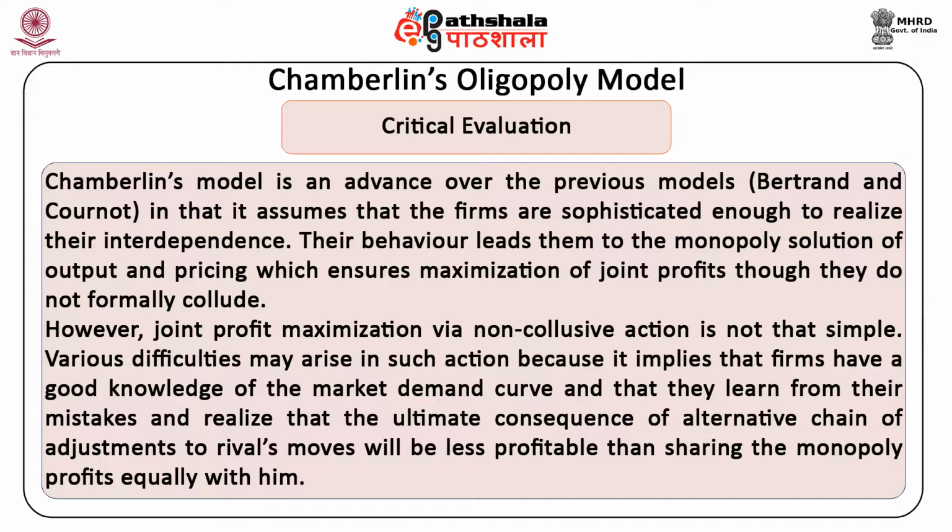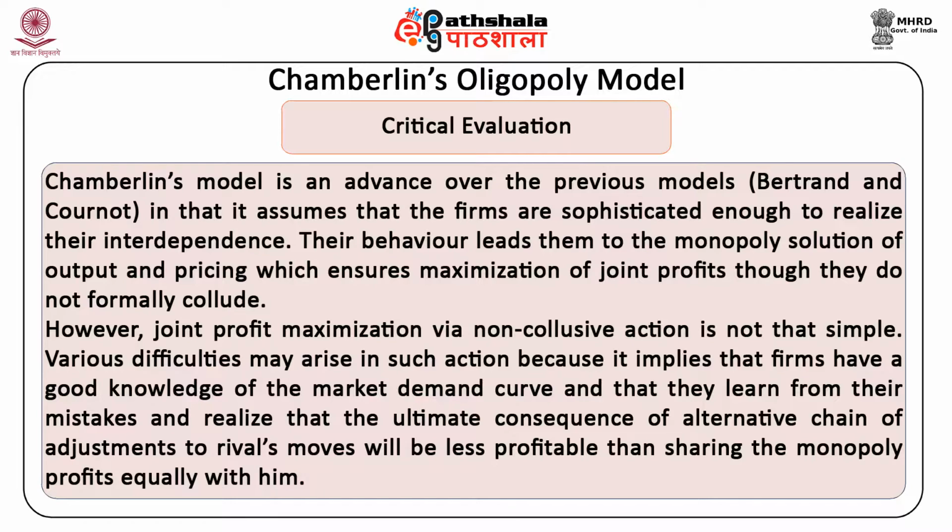Various difficulties may arise in such action because it implies that firms have a good knowledge of the market demand curve and that they learn from their mistakes and realize that the ultimate consequence of alternative chain of adjustments to rivals' moves will be less profitable than sharing the monopoly profits equally with him.